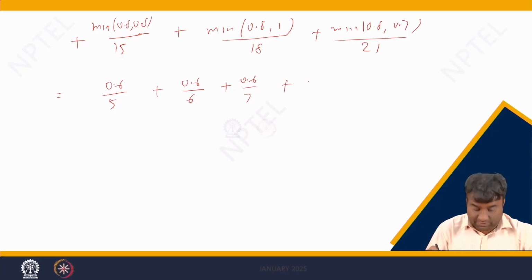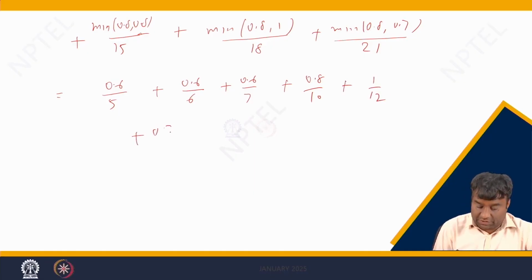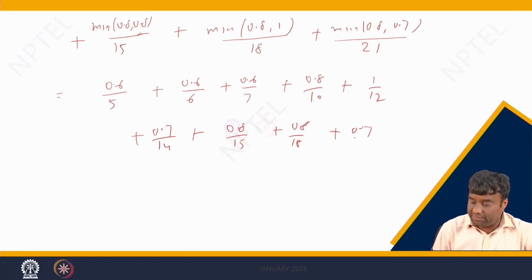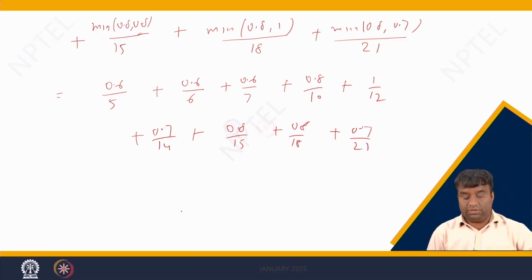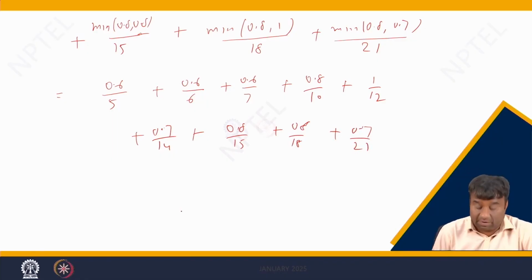For 10, it is 0.8. For 12, it is 1. For 14, it is 0.7. And that is 0.8/15 plus 0.8/18 plus 0.7/21. So that is the fuzzy set, which can be denoted as approximately 12.